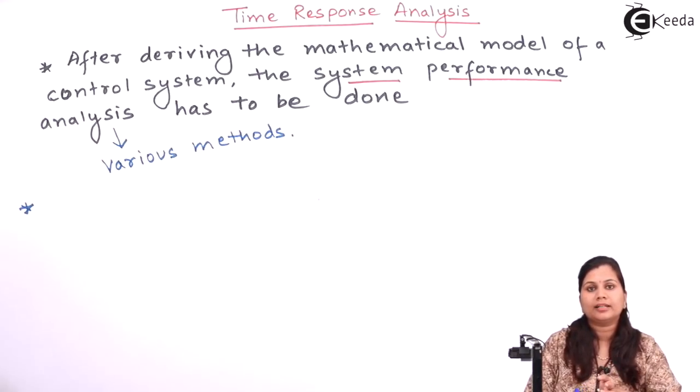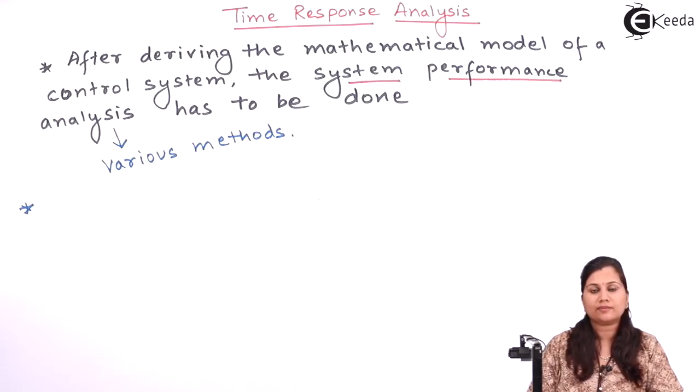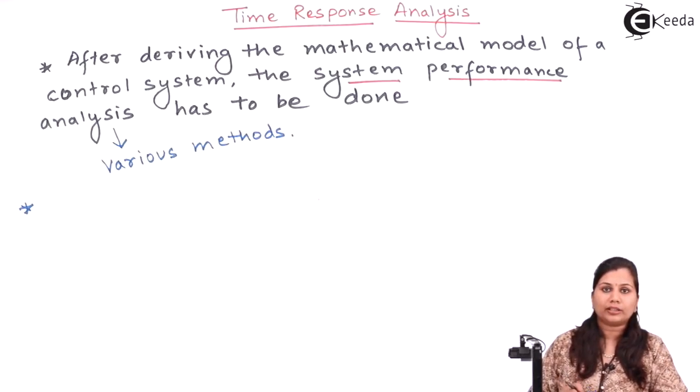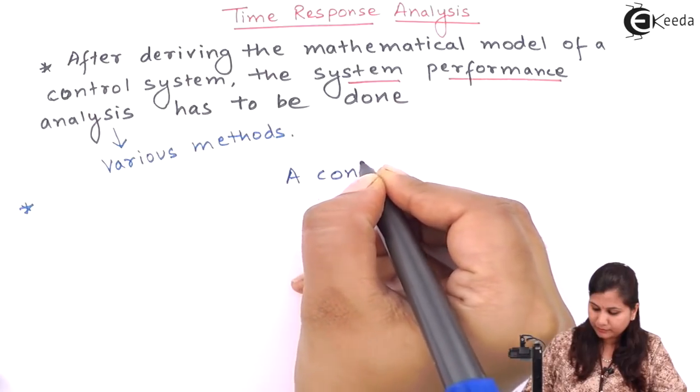Suppose we will study the system stability, the accuracy of the system, and how much oscillation is produced in the system. These are the specifications which we will study for various control systems when we are analyzing the performance of a control system.